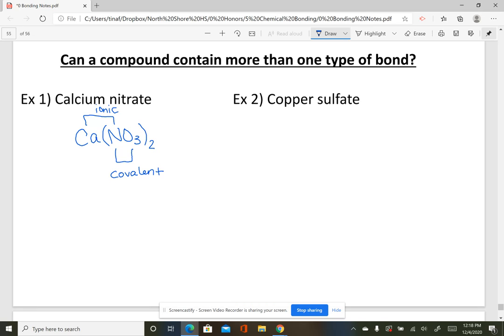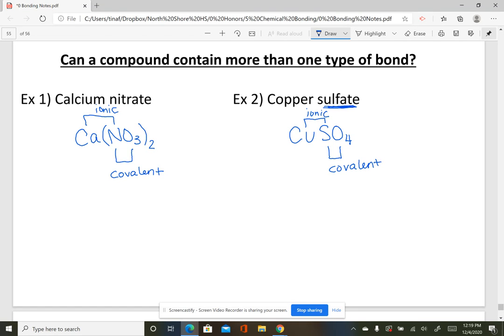So guys, anytime you have a compound that has a metal and a polyatomic ion in it, you guys have been studying your polyatomic ions, right? You knew that sulfate was SO4, right? You're always going to have the ions being attracted to each other by ionic bonding, and then within the polyatomic, you're going to have just nonmetals, so it's going to be covalent.